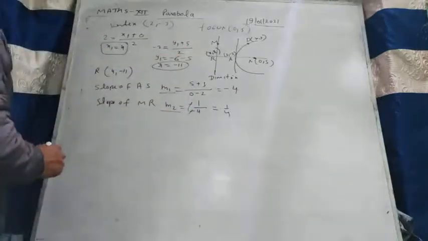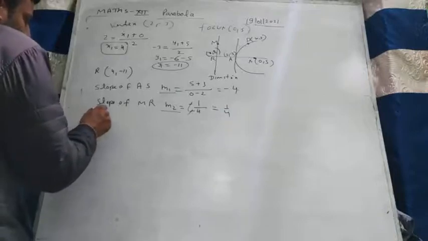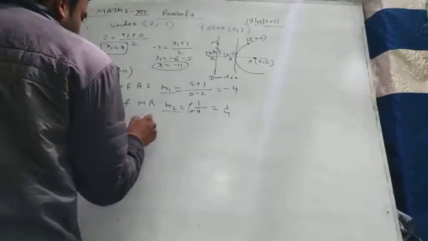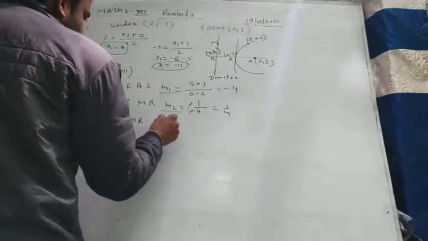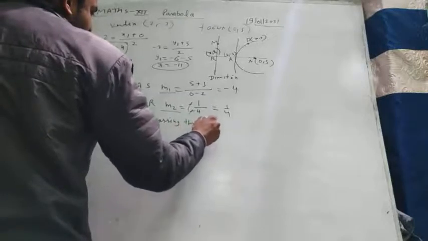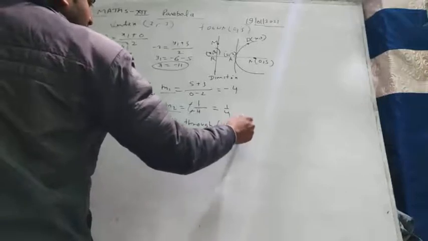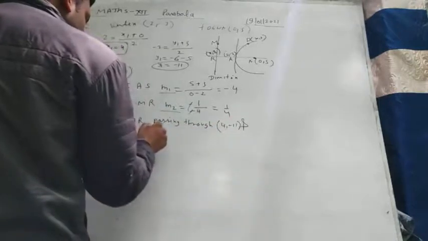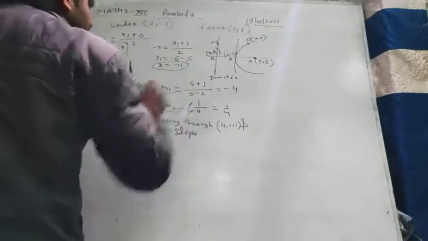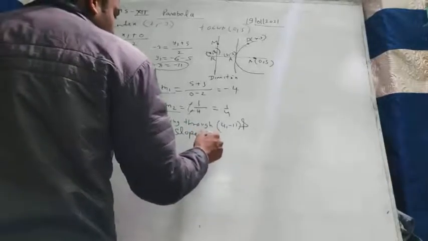Now, student, we see that the equation of MR passes through this point R, which is 4, minus 11, and has slope 1 by 4.